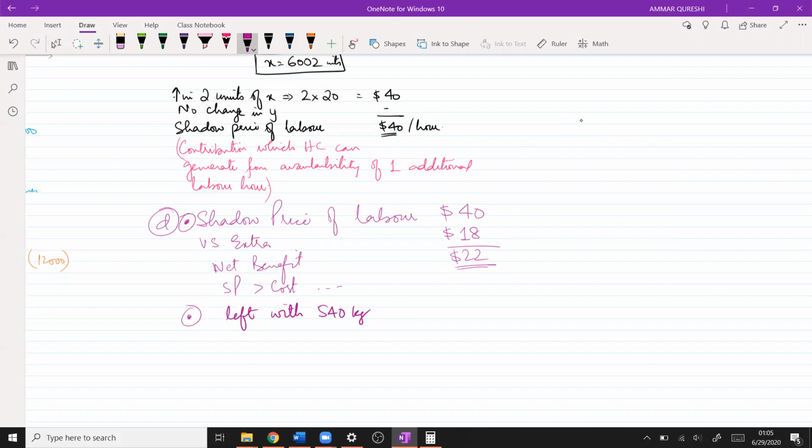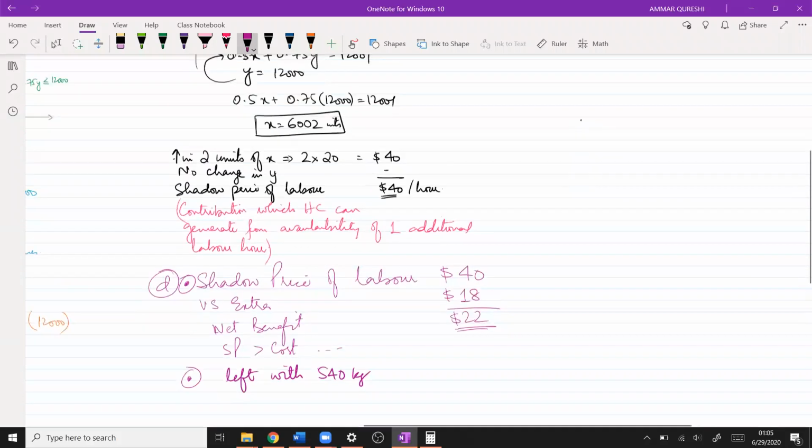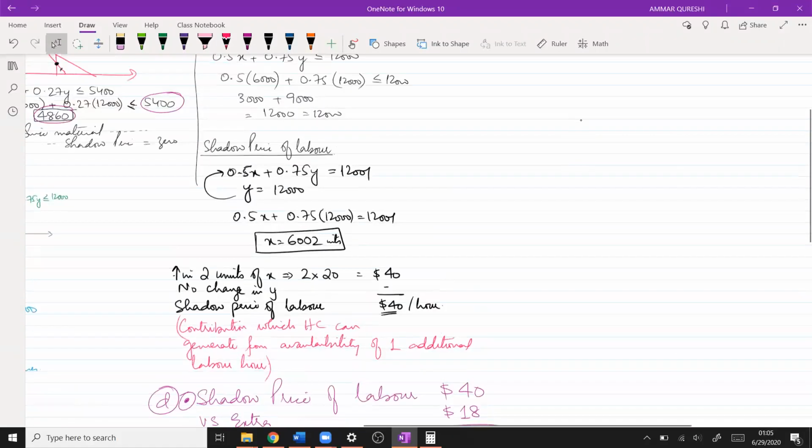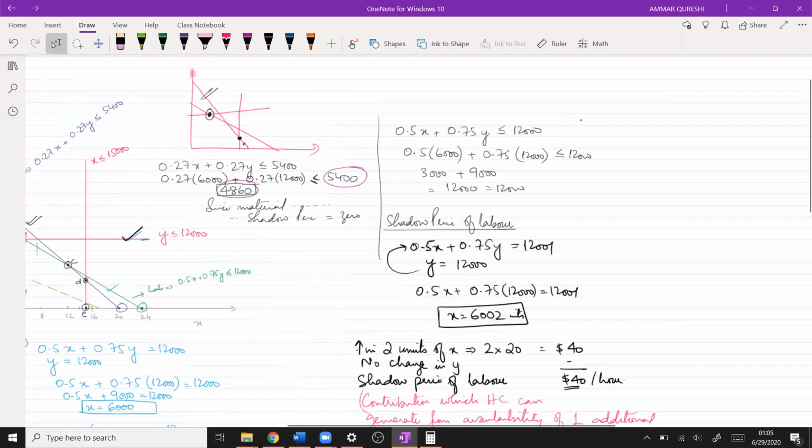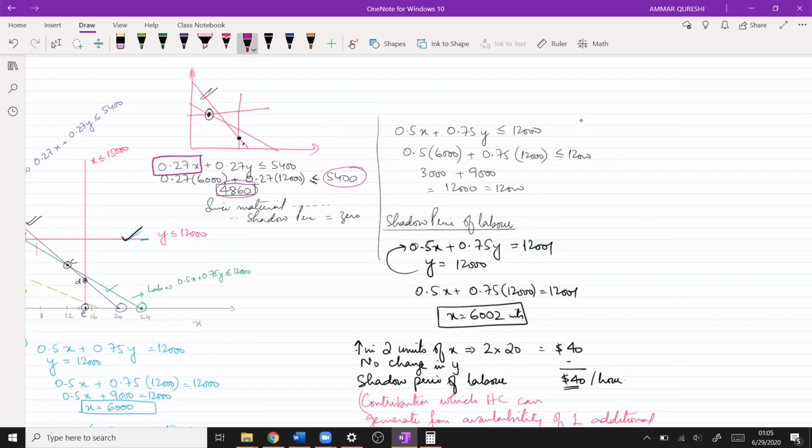So how many units can you manufacture by using these 540 kilograms? See, how many kilograms of material is required for 1 unit of X? 0.27 kilograms are required for 1 unit of X, right?